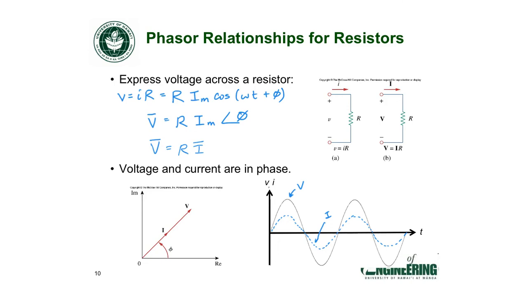There's going to be no phase difference between the voltage and the current. They're going to have the same angle. Any questions on the resistor?